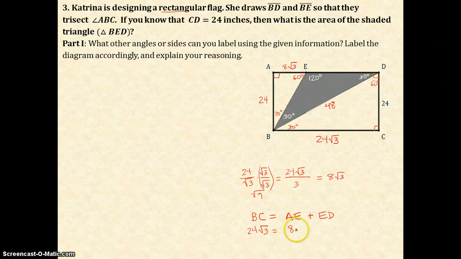AE is 8 square root of 3. So if we subtract 8 radical 3 from both sides, we get that ED, so 24 minus 8 is 16. So we get that ED is 16 radical 3.